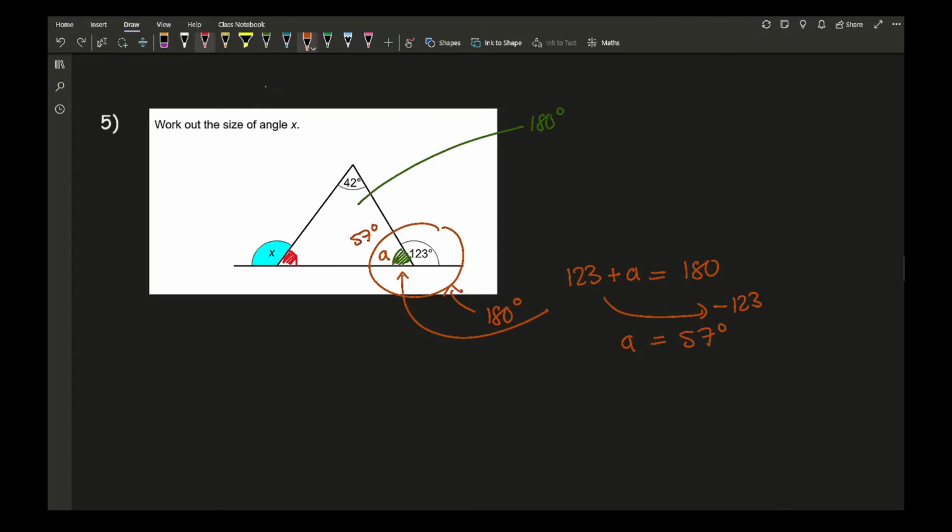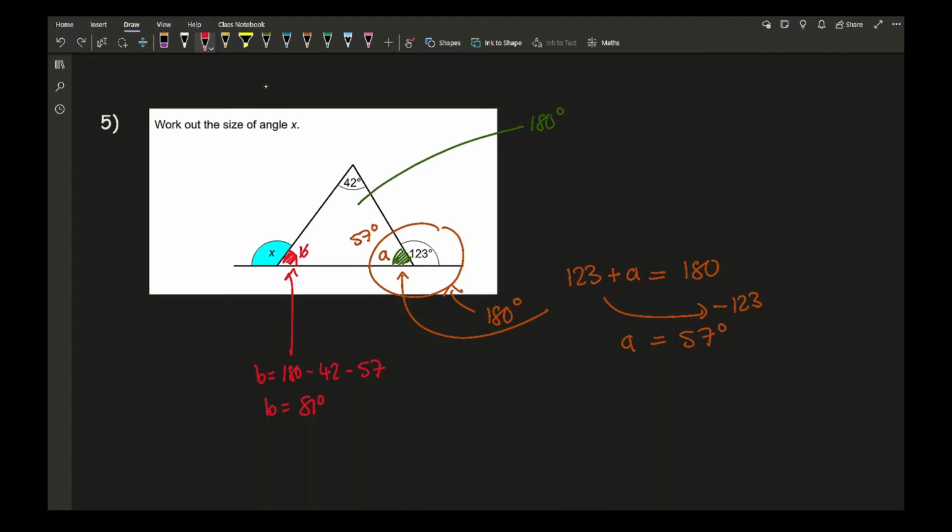Now from that, I can then work out what angle this is, which I'm just going to call B. So B equals 180 minus 42 minus 57. So again, if I was to work that out, 180 minus 42 minus 57 gives me an answer of 81 degrees.